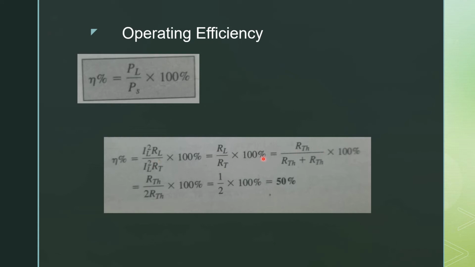We will get R Thevenin divided by R Thevenin plus R Thevenin. So when we simplify this equation, we get the percentage efficiency for maximum power delivered in the maximum power theorem, which is equal to 50%. So this is the efficiency for the maximum power transfer theorem.